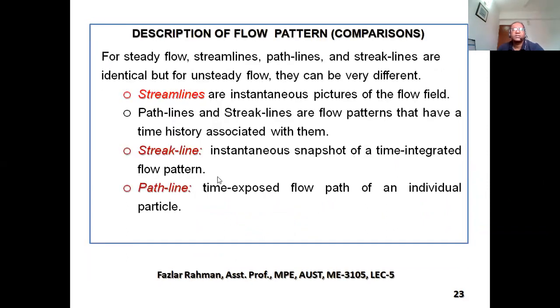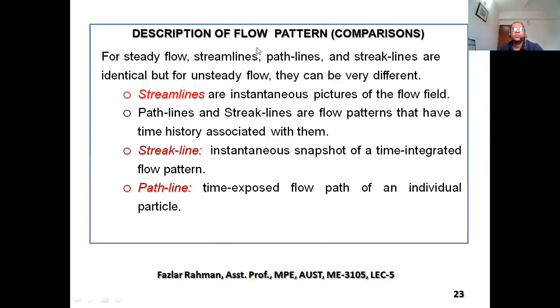Over here, I just tried to show you the difference. Sometimes I put the question: what is the difference between streamline, streak line, and path line? Okay. So a path line is the flow path of an individual fluid particle with time exposed in the flow.